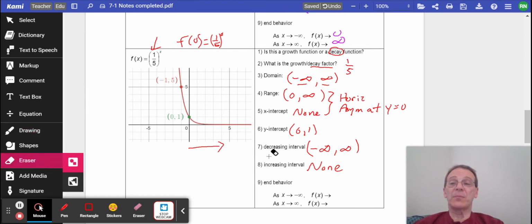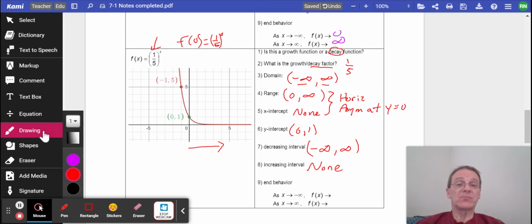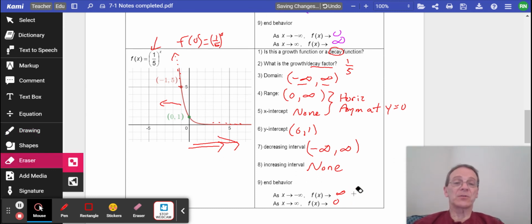And then the end behavior is essentially reversed also. As we go towards negative infinity, as we get more and more negative, the y values get higher and higher, positive infinity. And as x gets infinitely large, the y values are getting closer and closer to 0. So these two answers were flip-flopped from the previous function.